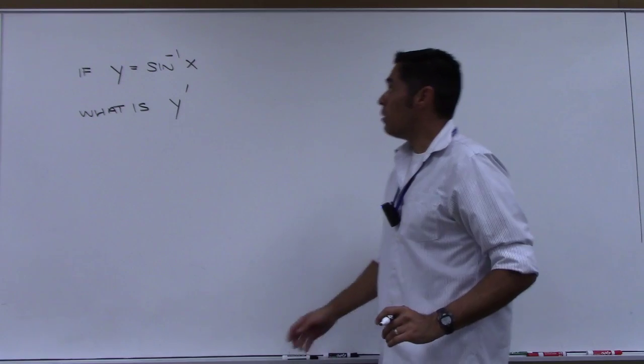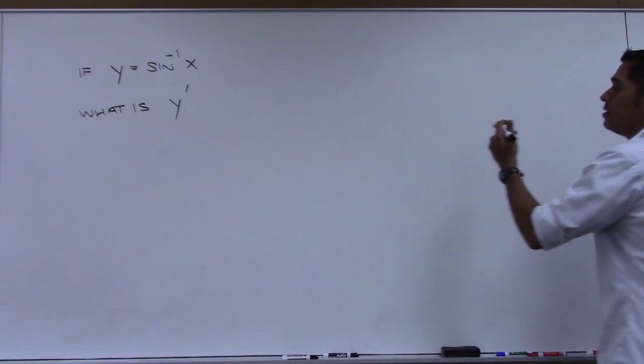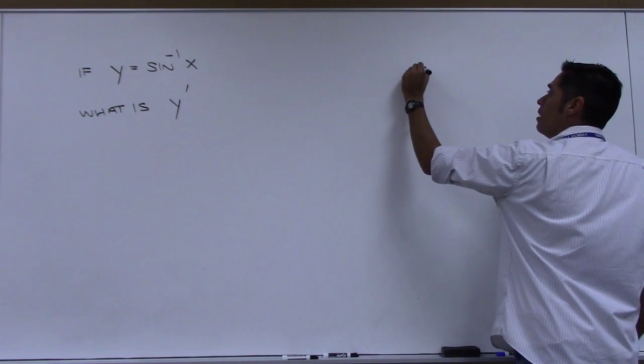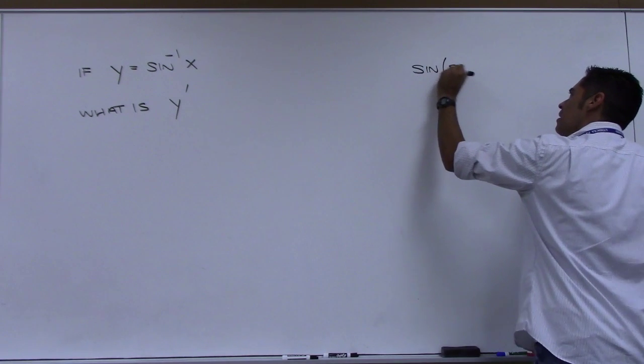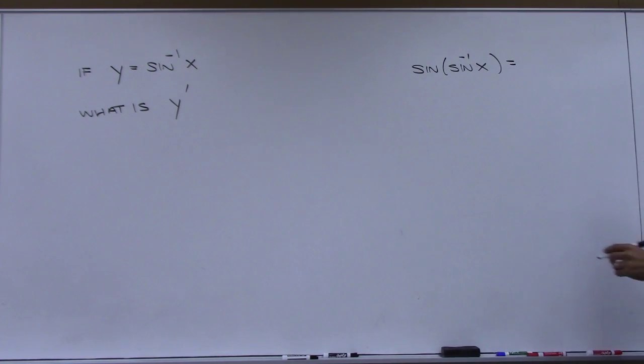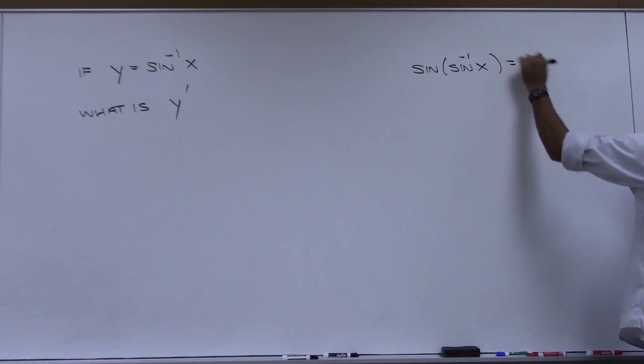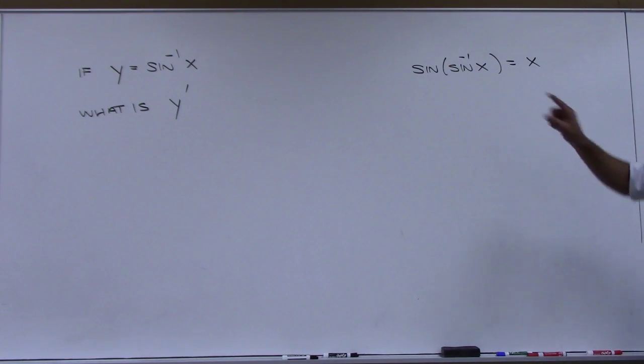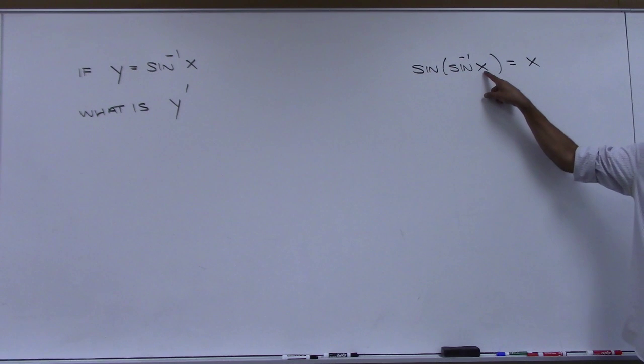All right, so check out how we do this. I'm going to use the following property. Remember this: sine of arc sine of x should be equal to what? X, as long as this number is in the domain.